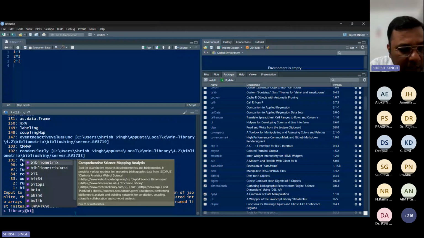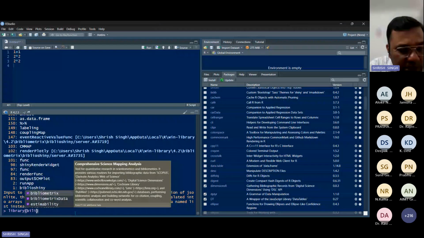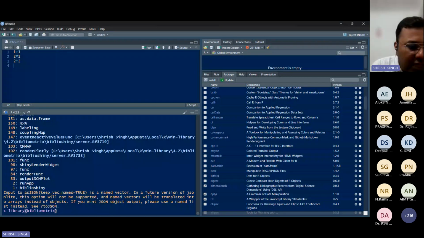As you write biblio, it will give some suggestions. Here we are seeing bibliometrix, because this package is already installed, that is why this suggestion is coming here. Otherwise you will write bibliometrix and press enter and there will be nothing, which means your package is not installed, right? So I'm going to click over here, and after that you just press the enter button, right?